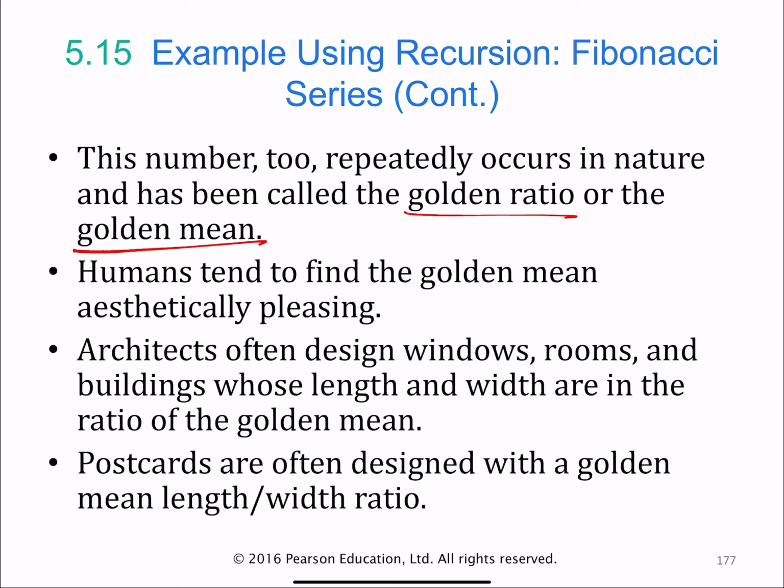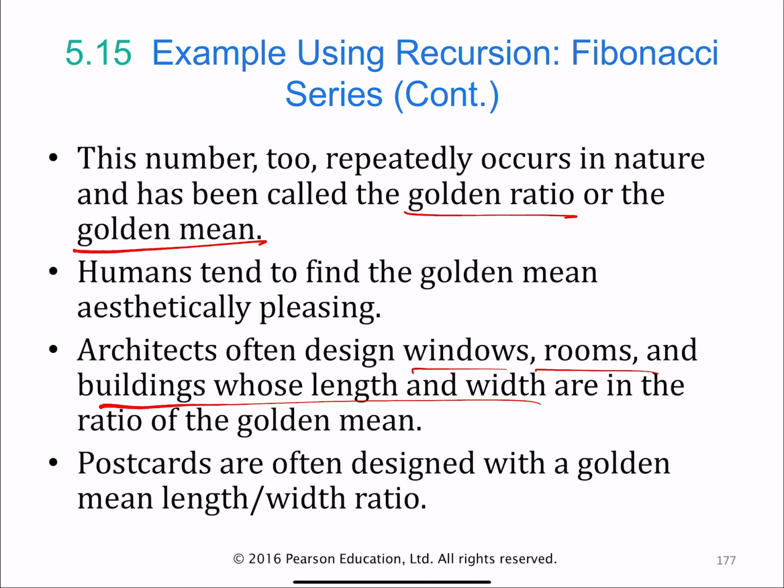For example, the ratio of windows, the dimensions of rooms, length and width of buildings, so all kinds of places. And people have also figured out that various lengths of the human body, like the ratio of the arm to, I don't know, the height, oftentimes happen to be around this ratio.